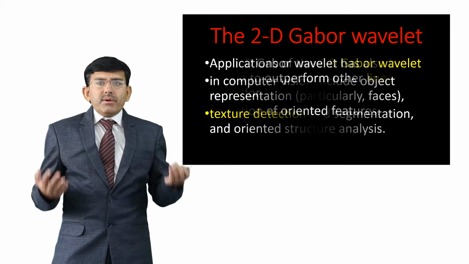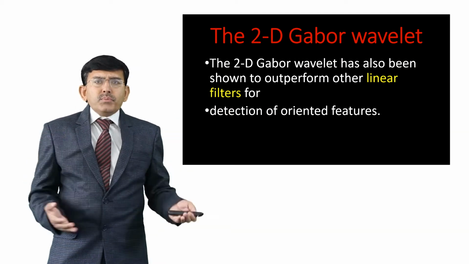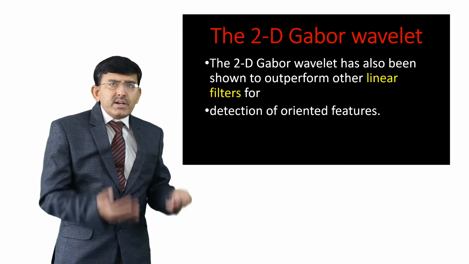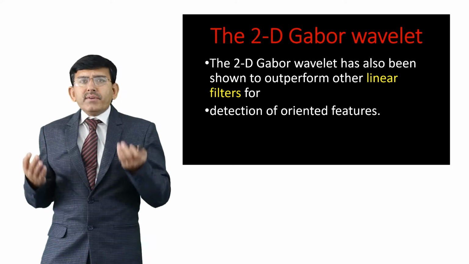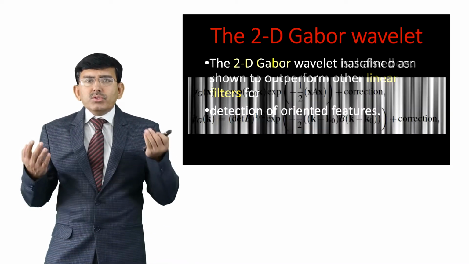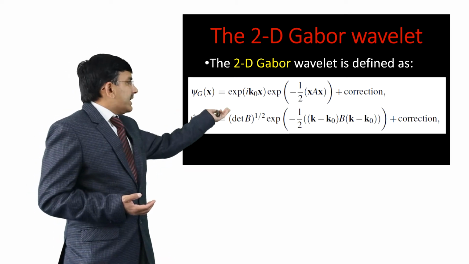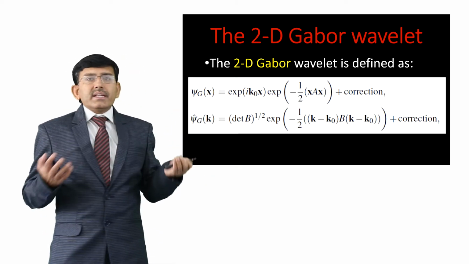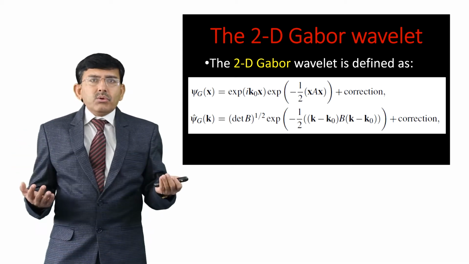The 2D Gabor wavelet has also been shown to outperform other linear filters for detection of oriented features, and if we use oriented features we are able to get their direction, so that thickness, length, etc. can be calculated.